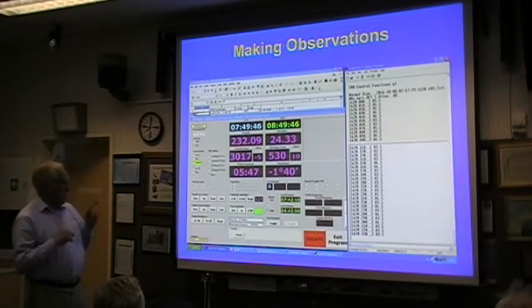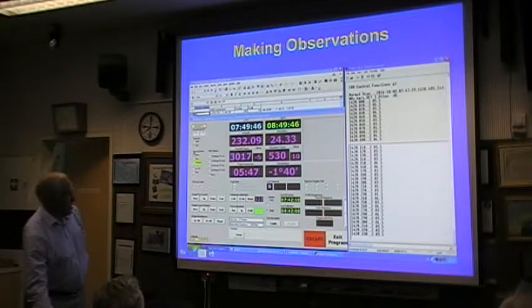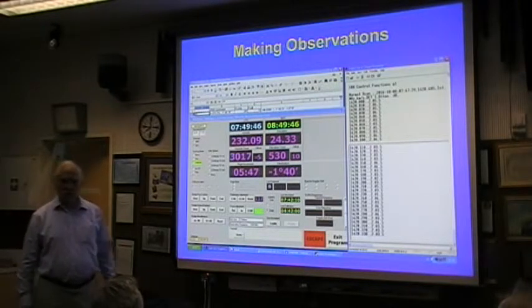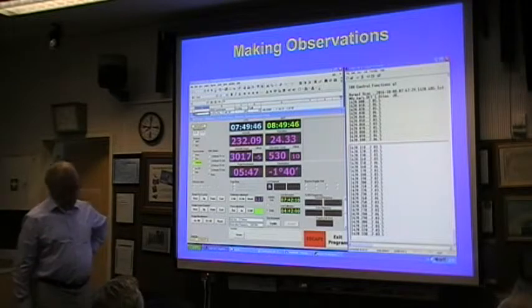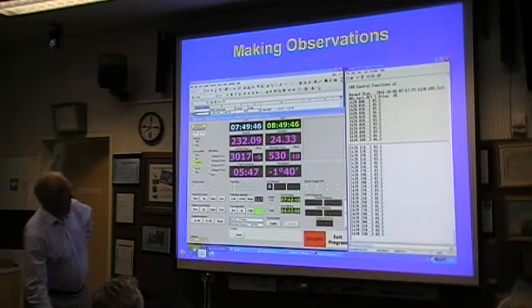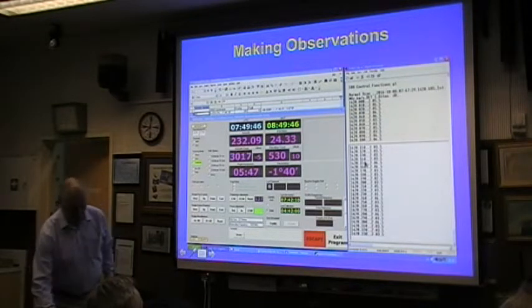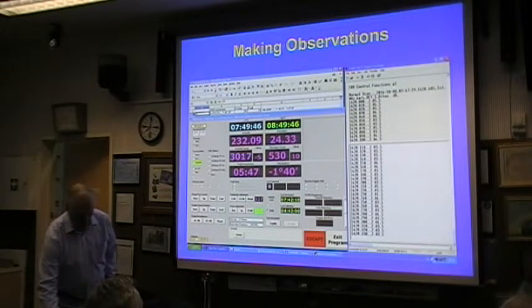You then convert that into celestial coordinates, right ascension and declination, tell the system to go and find it, and it whirs and clunks a bit, and when it gets there, you can start the scan, and that is done by telling the PIC to do so. In this case, you can see it started at 1420.00 megahertz, and it proceeded in 10 kilohertz steps. And that's the way the observations are basically made.